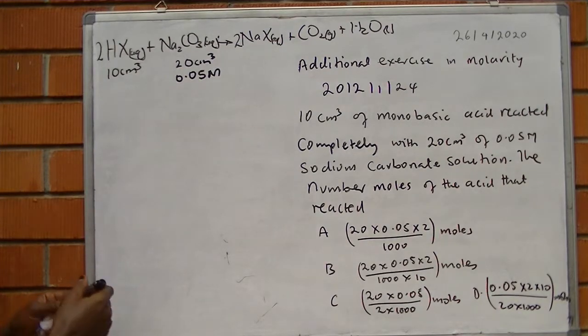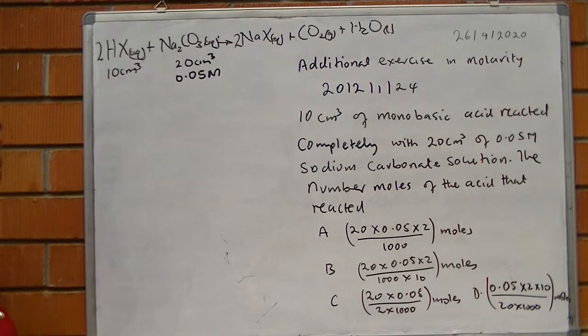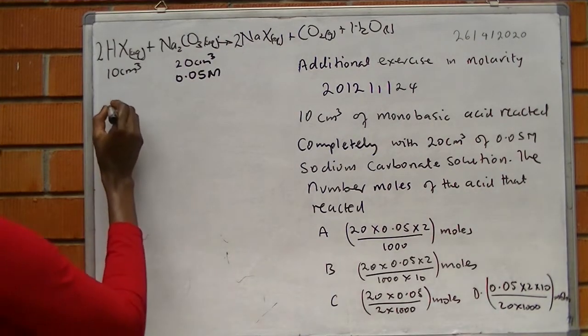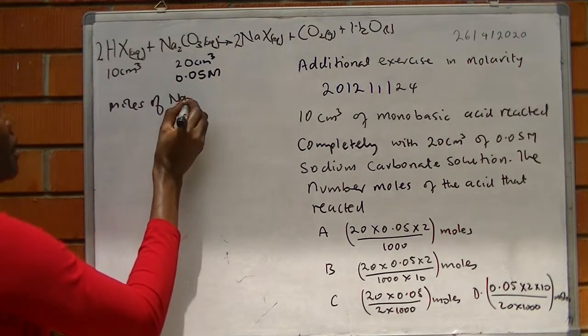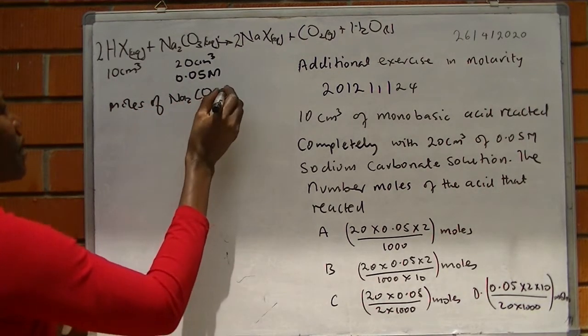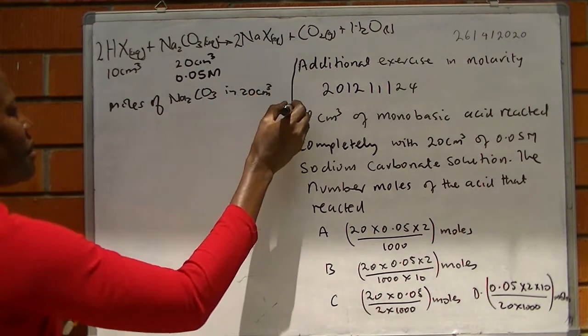So for this case, we are going to get the moles that are in 10, but not in 1,000. So moles of sodium carbonate in 20 cubic centimeters.